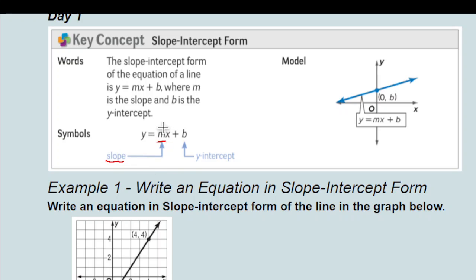The slope is represented by a number that's going to be in front of the x, and that number, for the algebraic representation of this, they use m, right? And so when we're writing what's the slope, we'll say m equals, and then we'll have our number, right? And then the y-intercept is also super helpful, because if you have the y-intercept, you have a starting point, right?